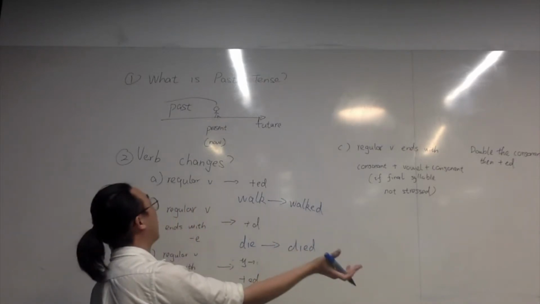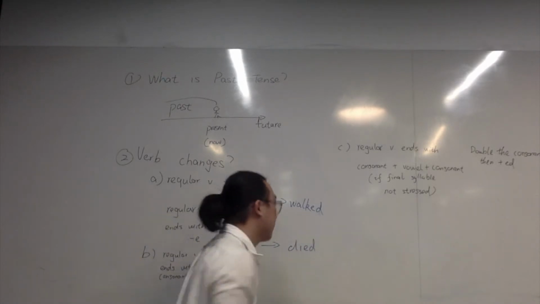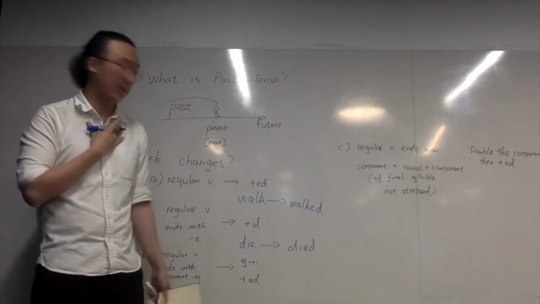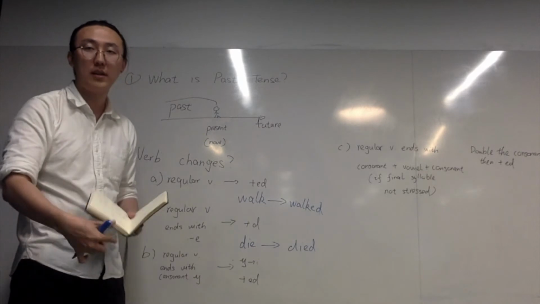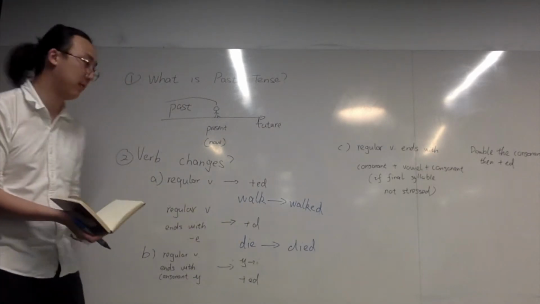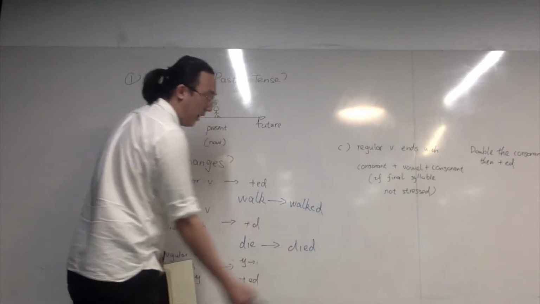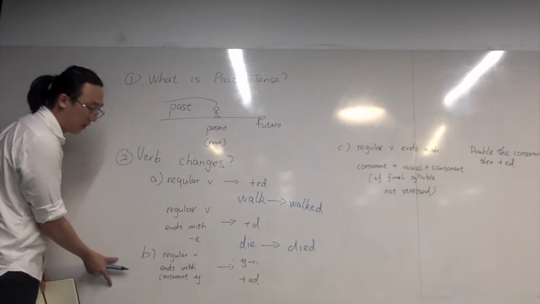So always make sure the end of your past tense verb is ed. So you can say, for example, my grandpa died in 2008. Pretty sad, but that happens in your life. You know, my grandparents died. And let's move to the next section.